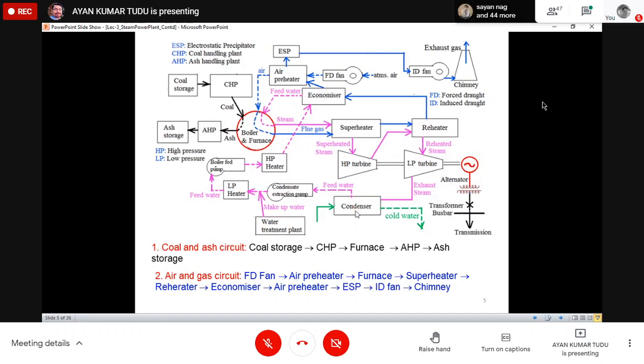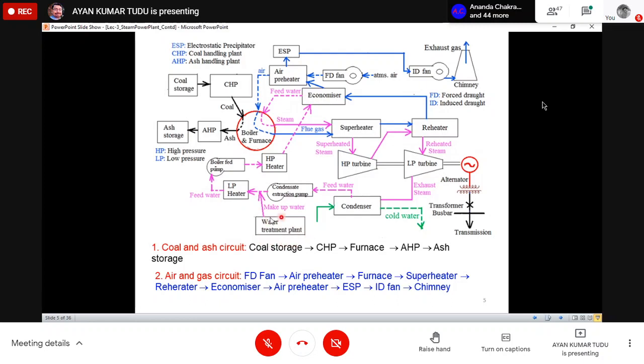So as you can see, this steam is again reutilized as our condensate. Now, as you can see from this particular circuit, some part of the steam would be lost due to leakage and some other reasons, which is made up by additional water from this water treatment plant.